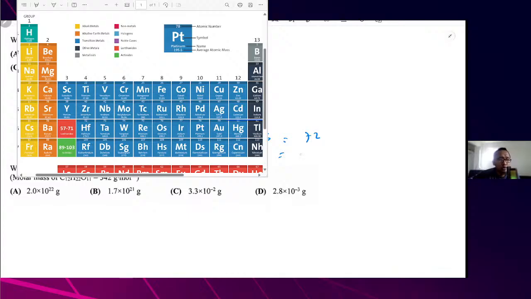This one is 192, and then we need to sum up all of them together. So add it all up, and then we will get 437.15 gram per mole, g mol^-1. So the answer should be D.